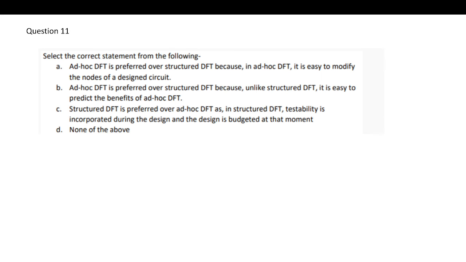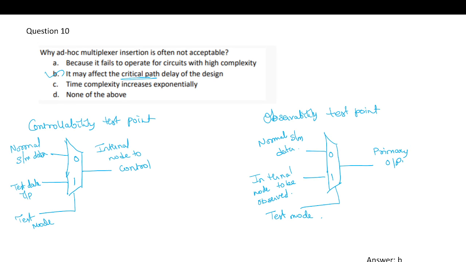Next question. Select the correct statement from the following. How are we observing the output with the mux? This output is a primary output which we can see from the outside of an IC.